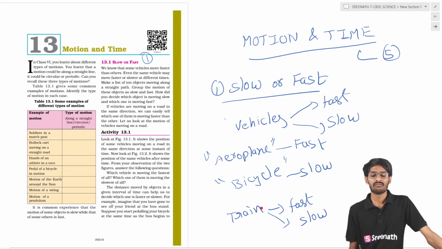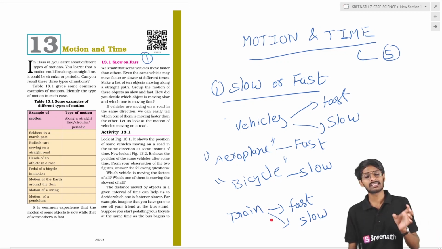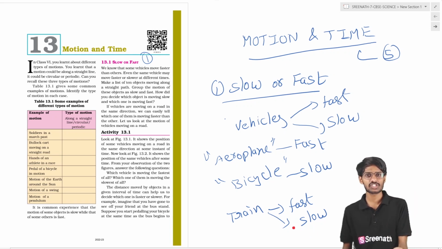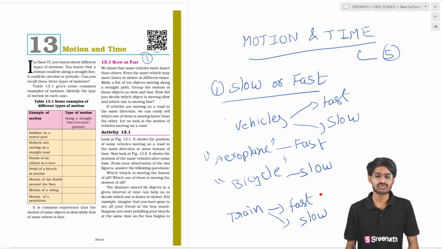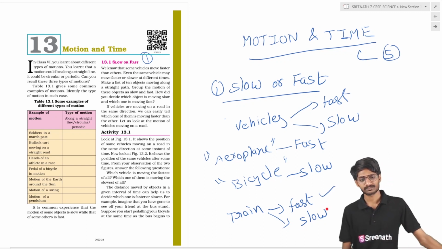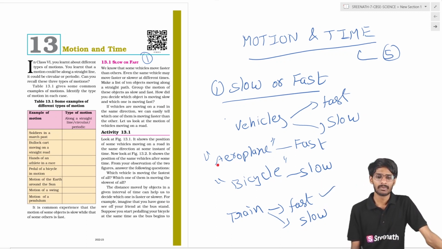Whenever it is reaching the railway station, it will move slower. But whenever it is leaving the railway station and it accelerates, it will move faster, students. So basically, how do you decide which object is moving slow and which one is moving fast?